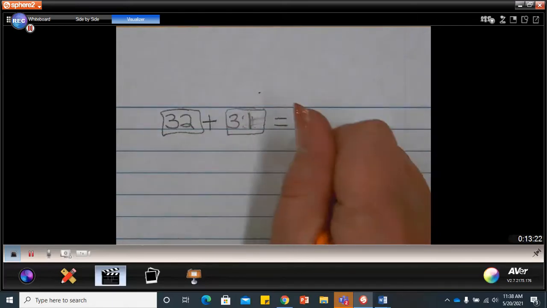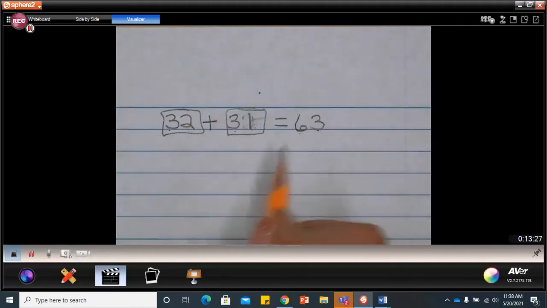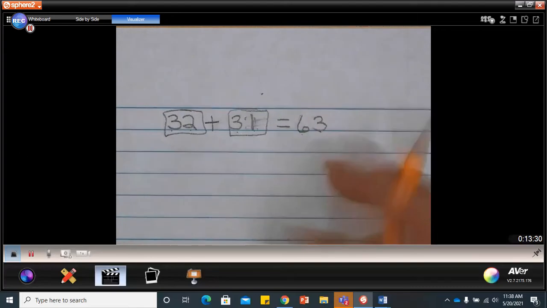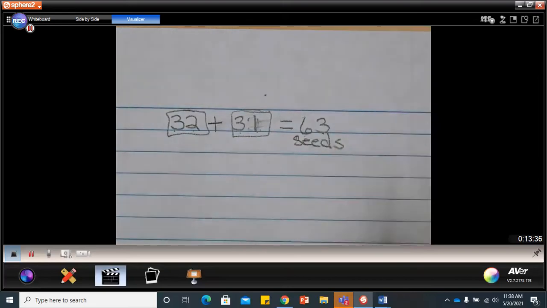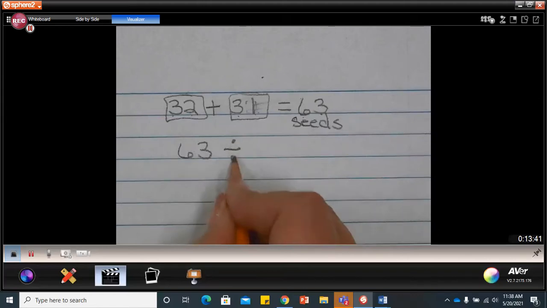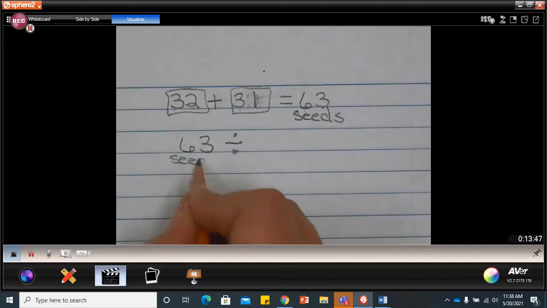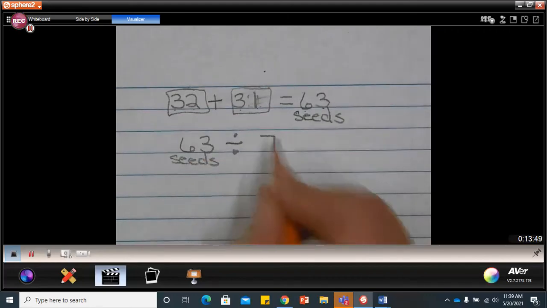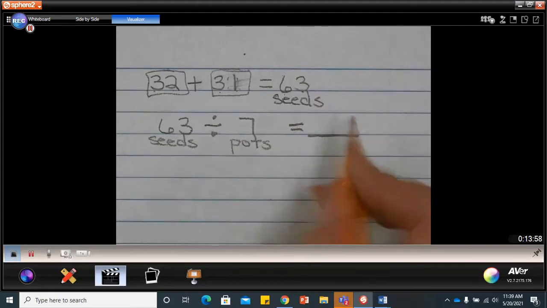Right, 63. 30 and 30 is 60, and 2 and 1 is 3, and I don't have enough ones to make a new 10, so my total seeds are going to be 63. 63 total seeds. Now, the next part of my problem says to divide them evenly, share them equally. So I'm going to take my 63 seeds, I'm going to share them equally into my 7 groups, which are the pots, and I need to know how many are going to go in each pot or each group.